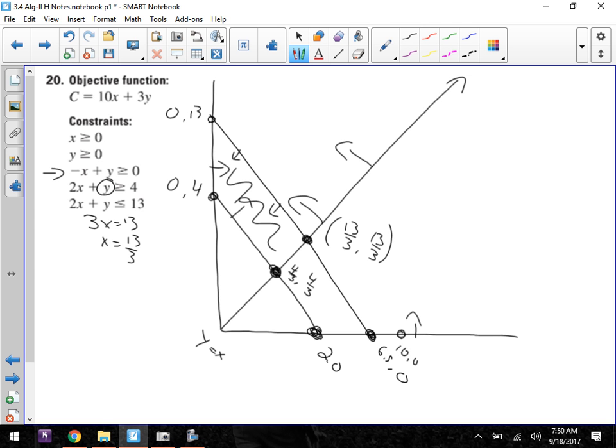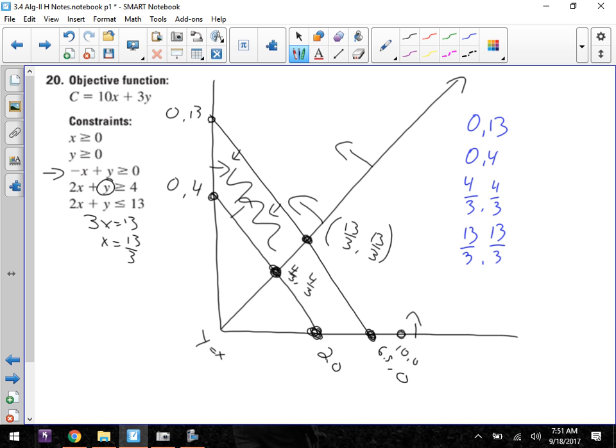The only thing that stinks about this one is that you have to worry about some nastier fractions. If your objective is to figure out the maximum and minimum value in that shaded region, all we have to do is take those 4 ordered pairs: (0, 13), (0, 4), (4/3, 4/3), and (13/3, 13/3).